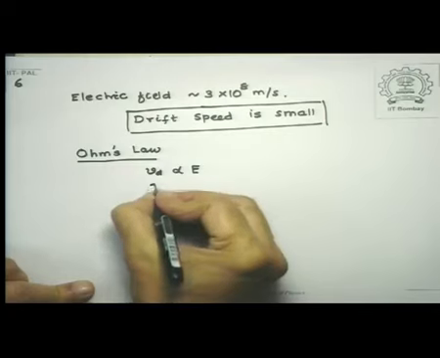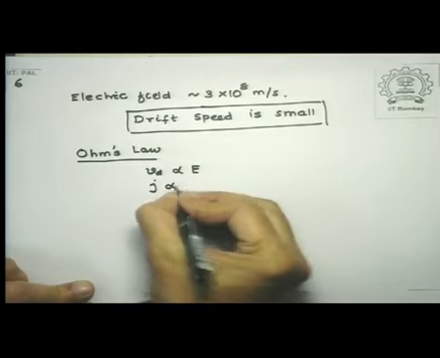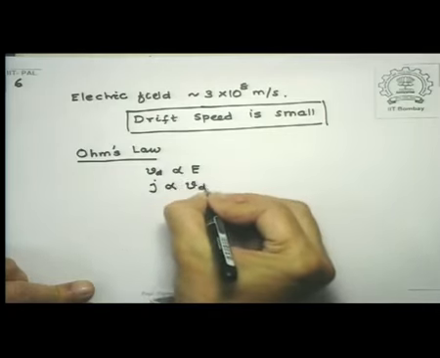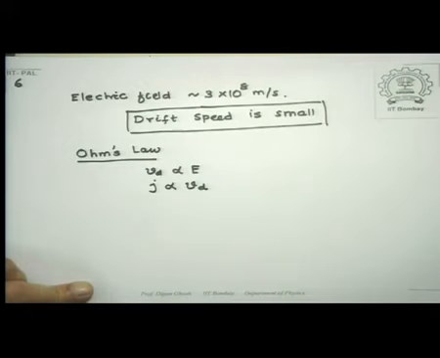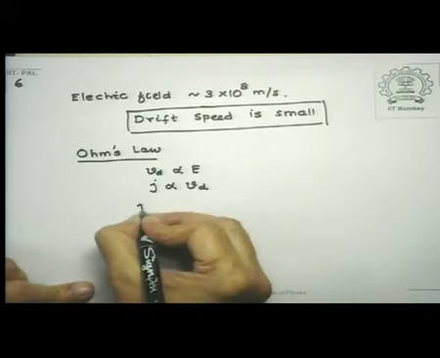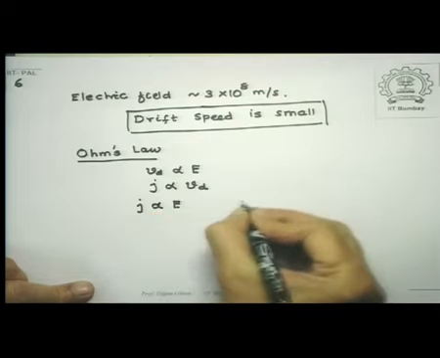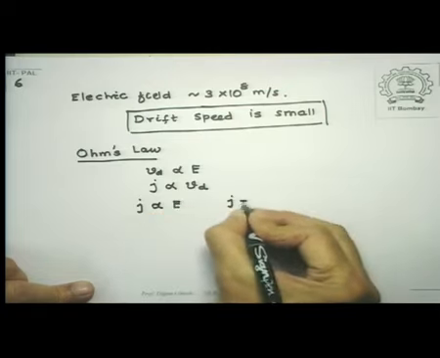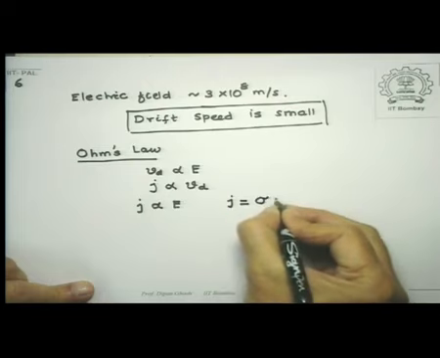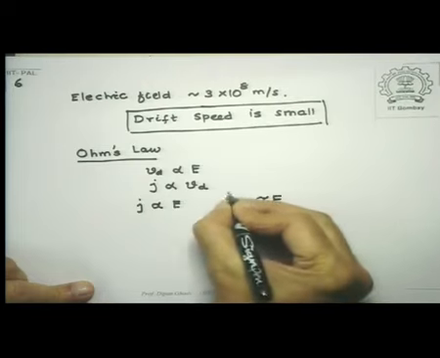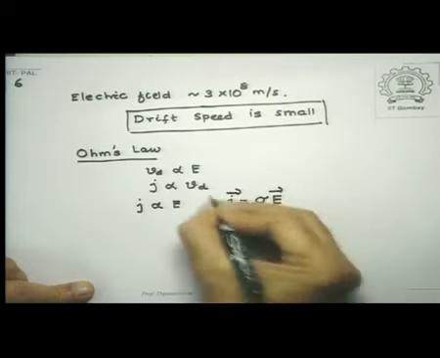And I know that the current density, by definition or by our derivation, is proportional to the drift speed. That tells me that the current density J is proportional to the electric field, and we can write this as J is equal to a constant sigma times E. This is a vector relationship.